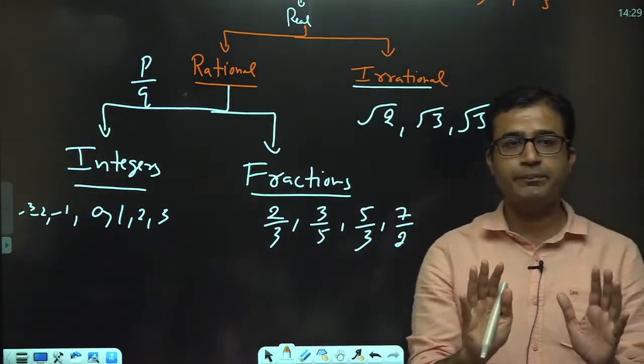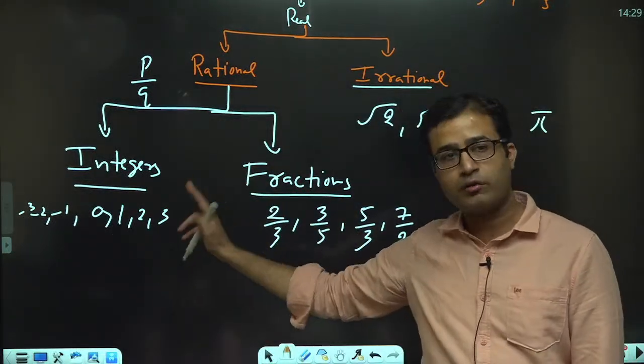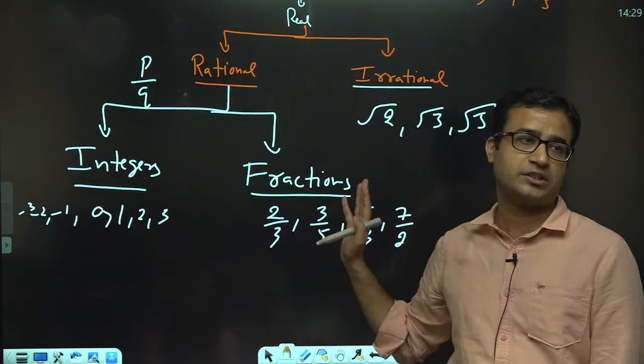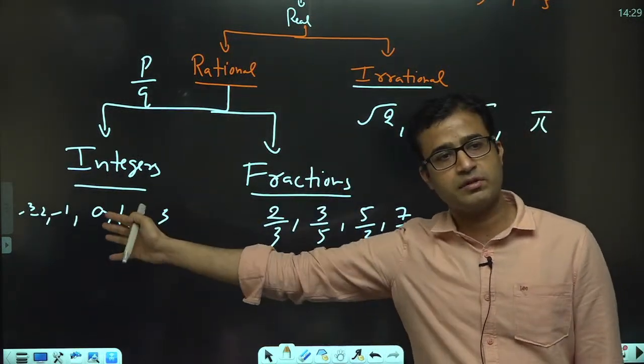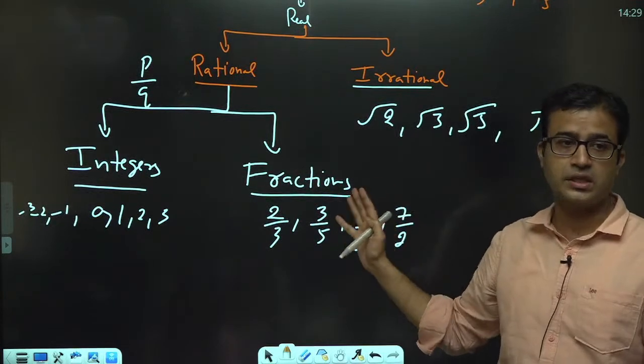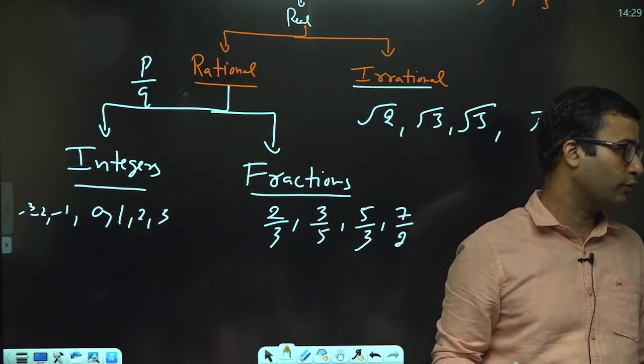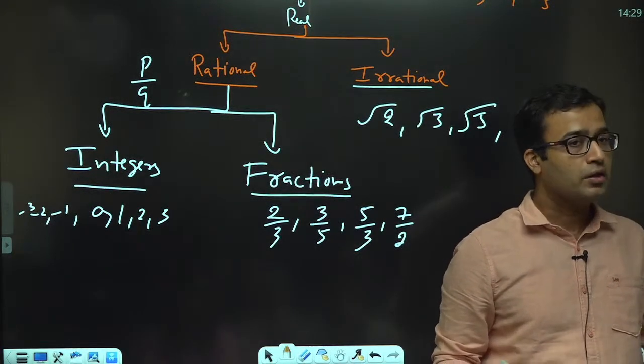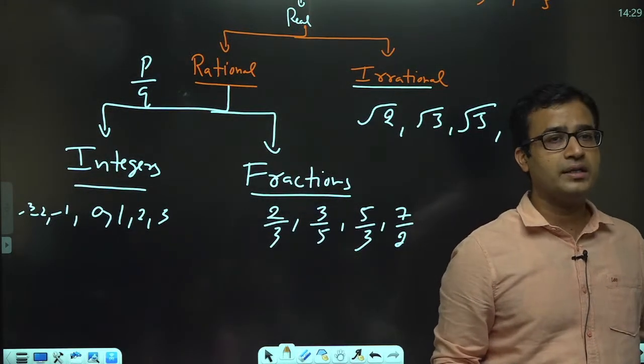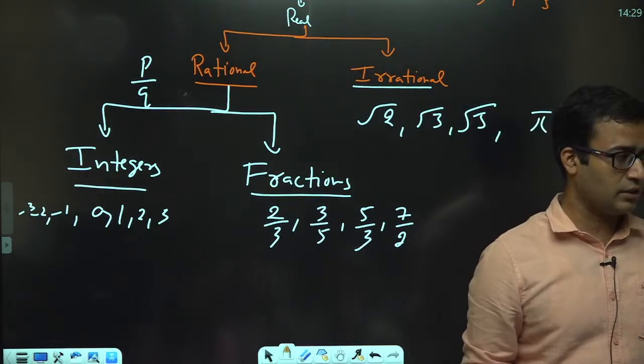I simplify it: in rational you have two parts, integers or fractions: 1, 2, 3, 0, minus 1, minus 2, minus 3, or fractions. And in irrational numbers we have under root 2, cube root of 2, cube root of 3, under root 7, this type of expression, and pi.